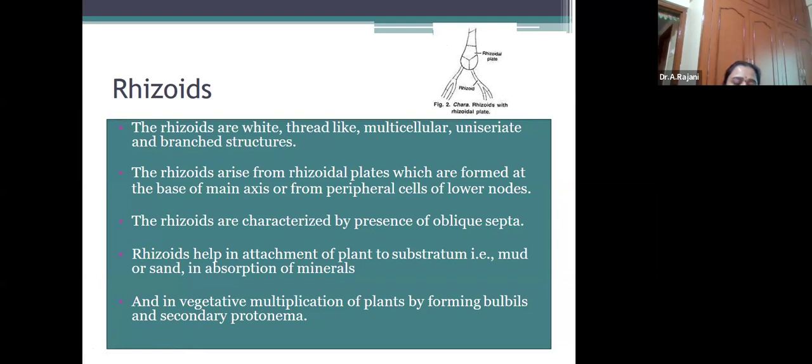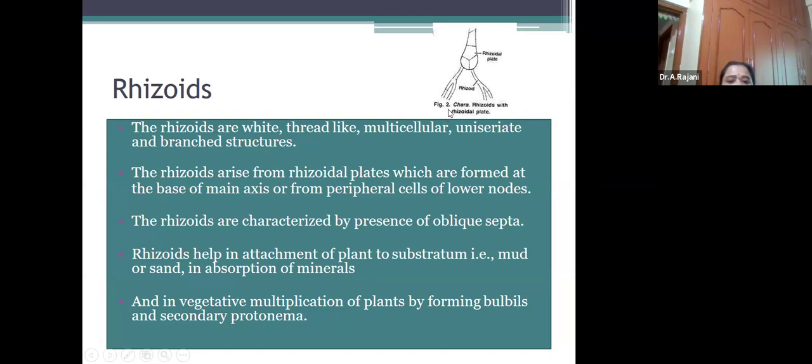The rhizoids possess oblique septa, without differentiation into nodes and internodes. In the erect axis we can observe the node part and internode part, but these are absent on the rhizoid side. What is the main function of the rhizoids?